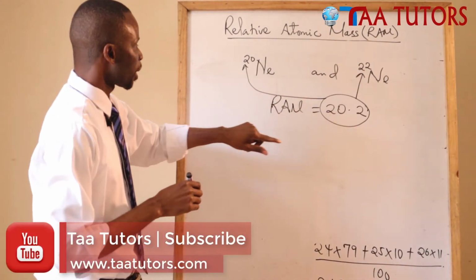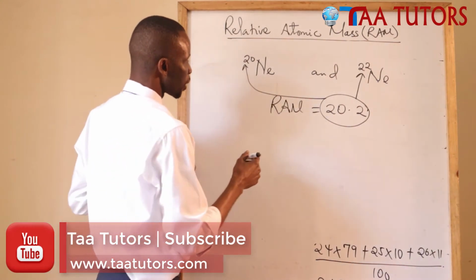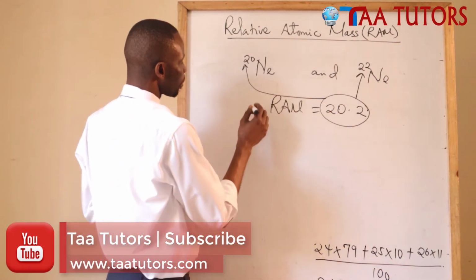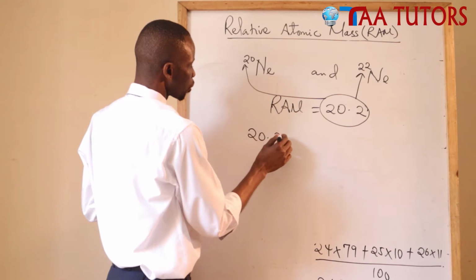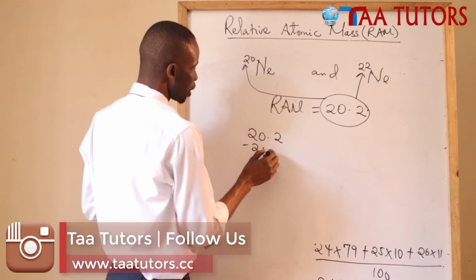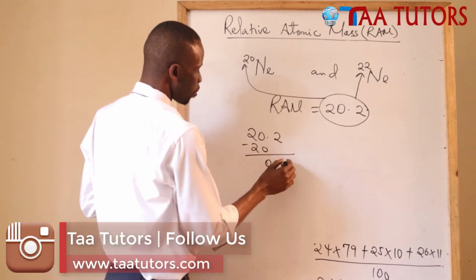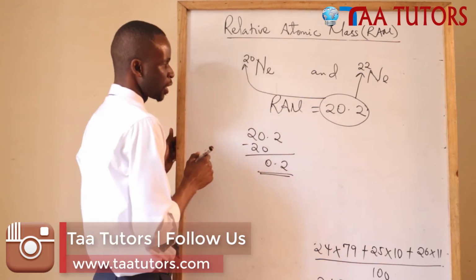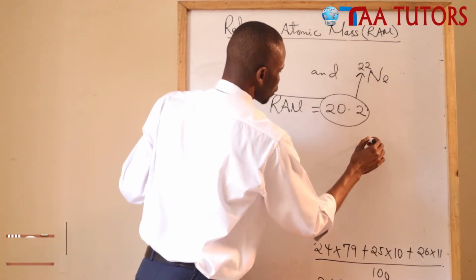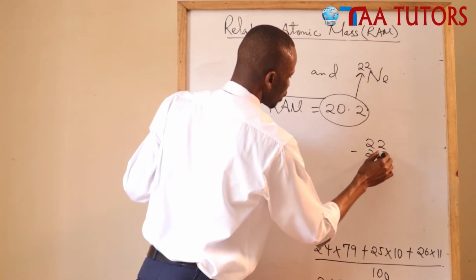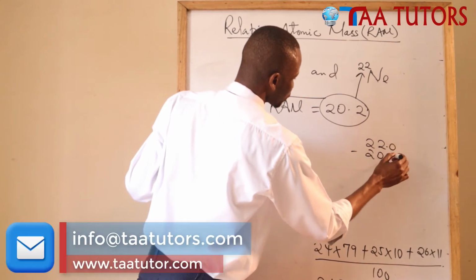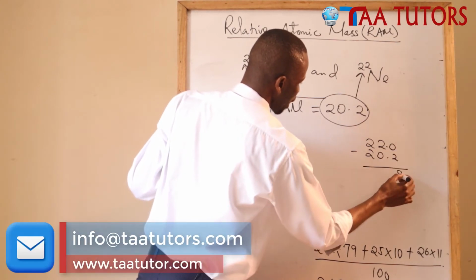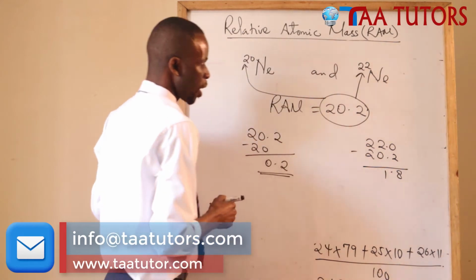From my judgment, I can do a little math. If I subtract 20.2 minus 20, I will get 0.2. That's the difference. But if I come here, 22 minus 20.2, I will get 1.8.